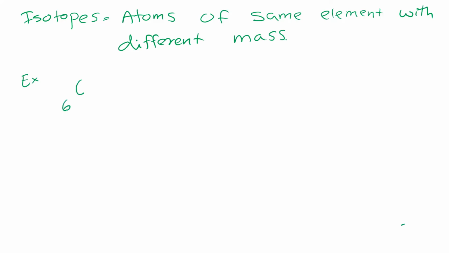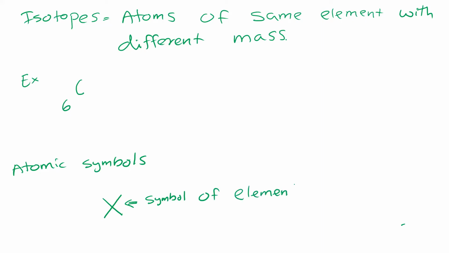When we write a symbol of the element, we have the symbol of the element, and then we put the atomic number, and the mass number.